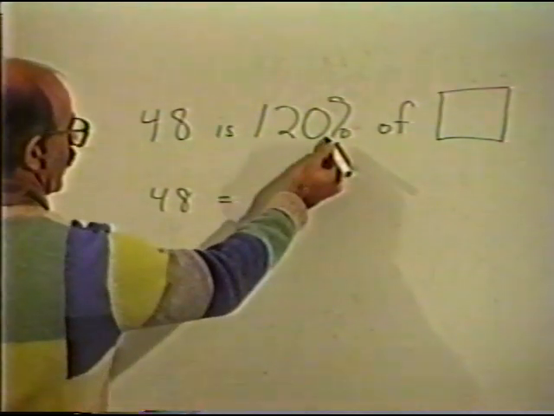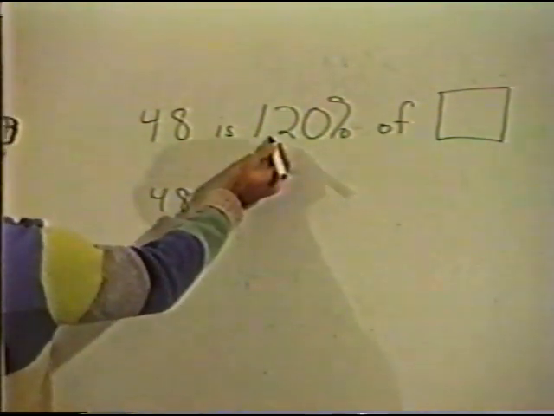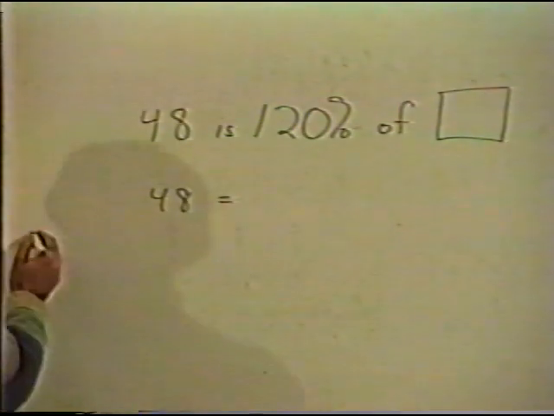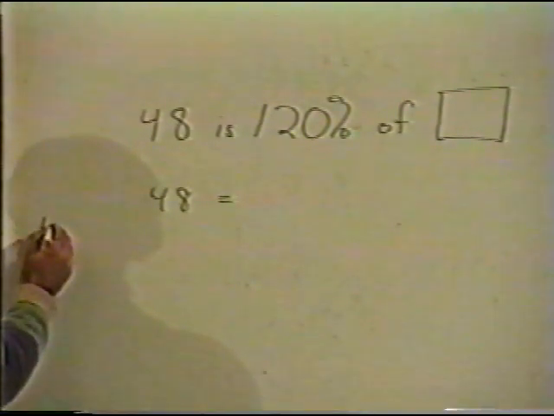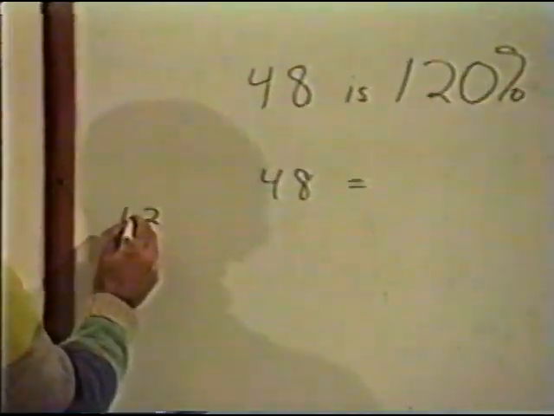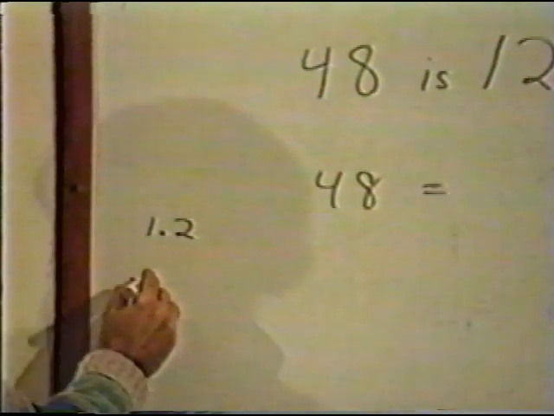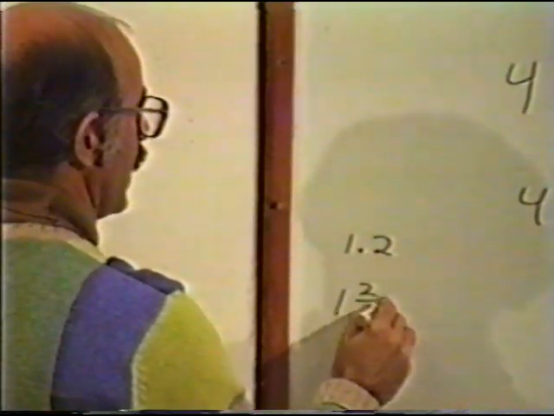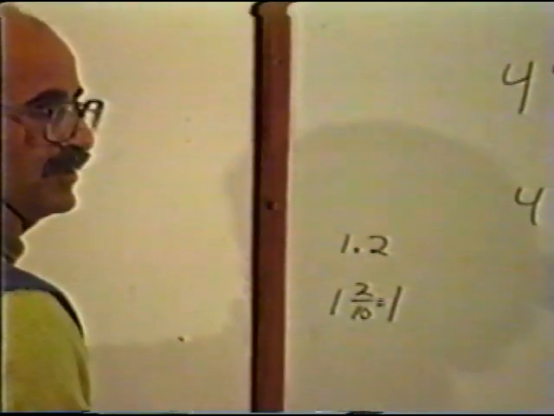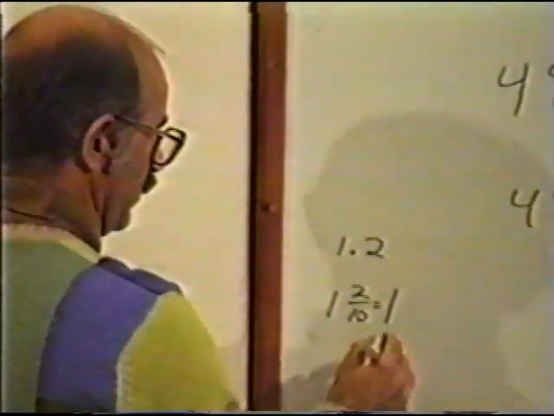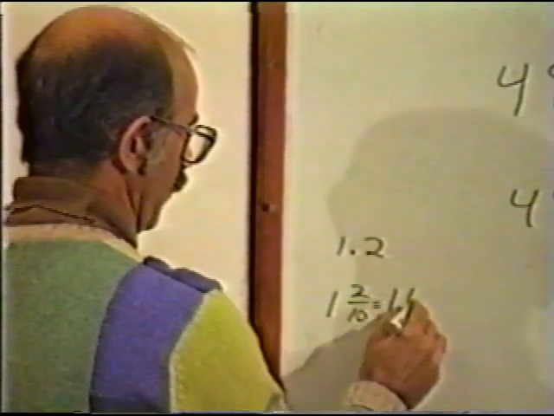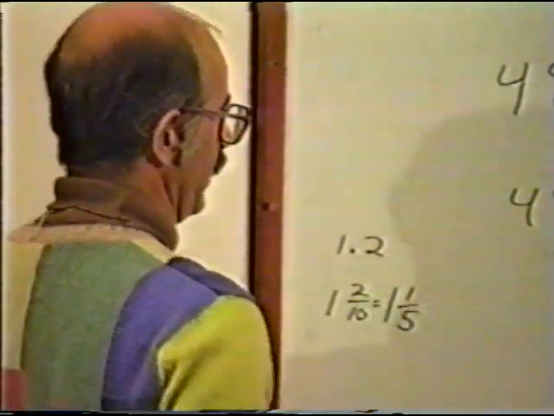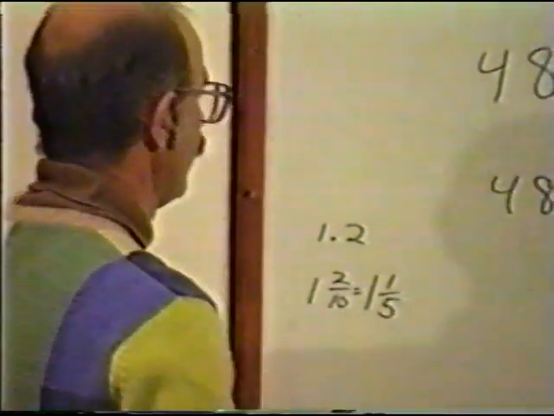First, we'll go back 2 places and take off the percent sign, and we get 1.2. Please read that to me. 1 and 2/10, which can be written 1 2/10. And the 2/10 can be reduced to 1/5, so 1 1/5.